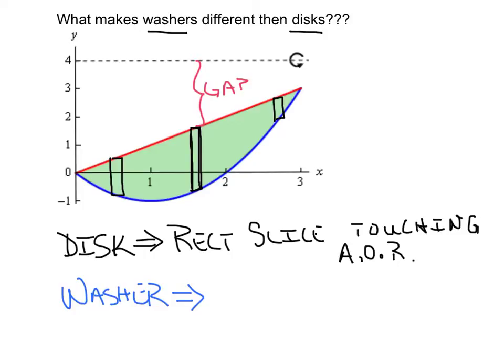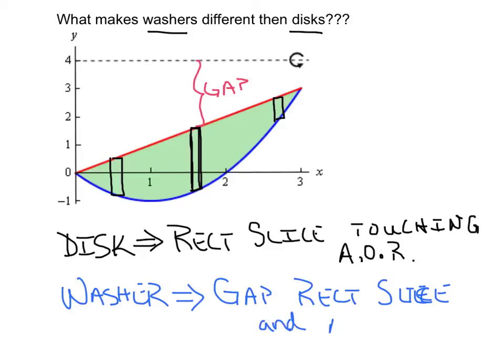Well, I shouldn't say giant. It might be tiny, it might be big, but there's going to be a gap between my rectangular slice and the axis of rotation. So that, in a nutshell, is the difference between a disc and a washer.